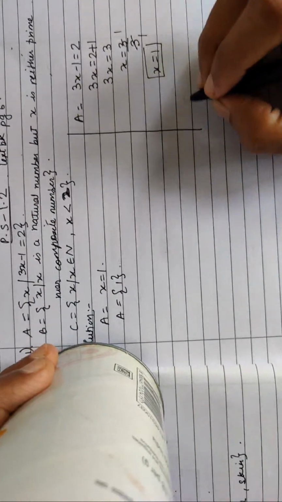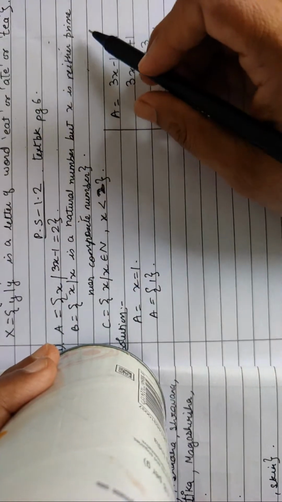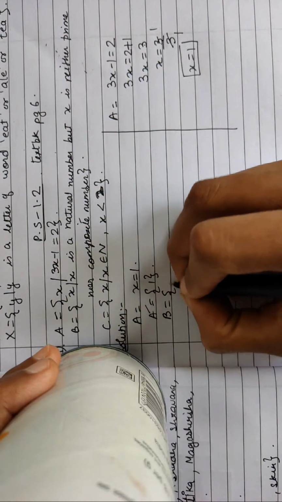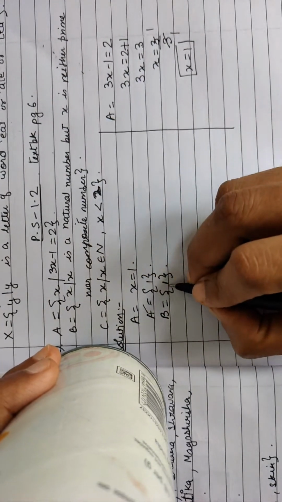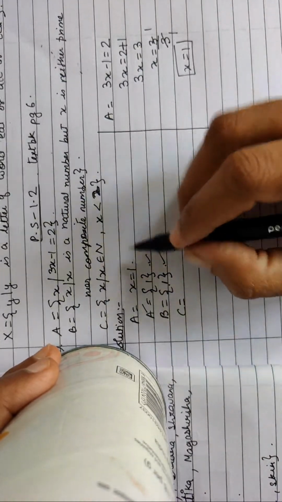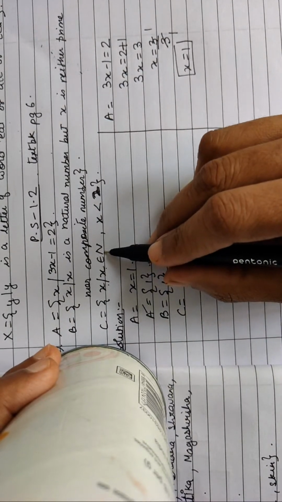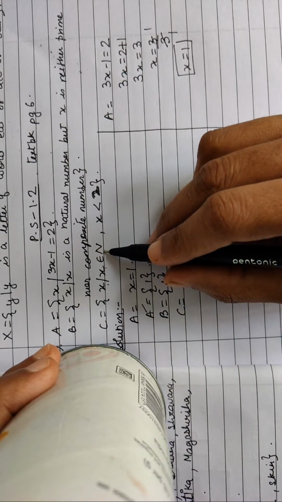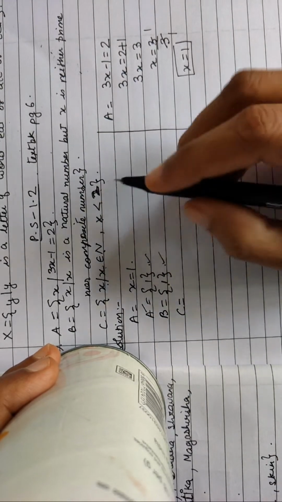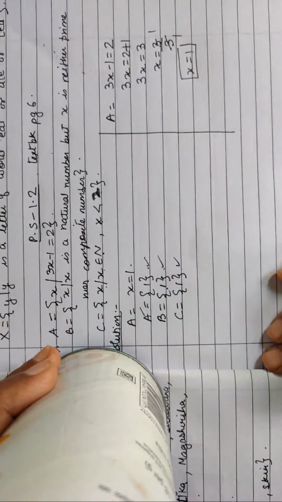Okay. Now coming to B, what it says: x is a natural number but x is neither a prime number nor a composite number. So again B has only 1, which is neither prime nor composite. So A and B are equal sets. Let's talk about C now. C belongs to natural numbers. Okay, so natural numbers we know start from 1 and x is less than 2. So again x will be 1. So all three sets are equal.